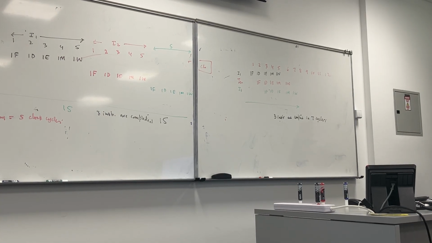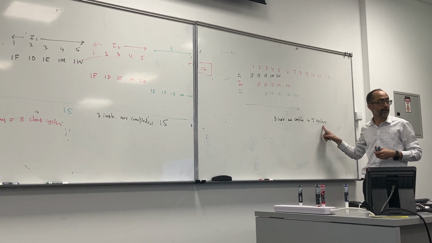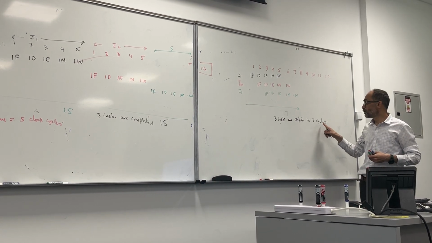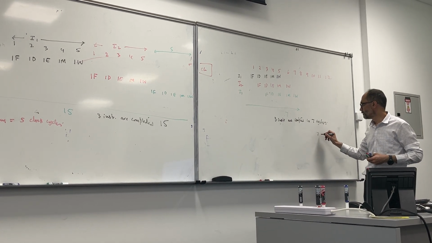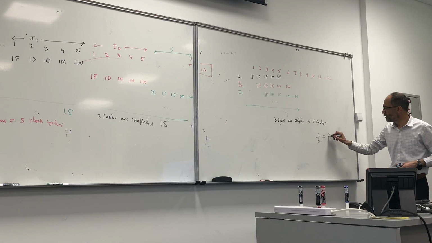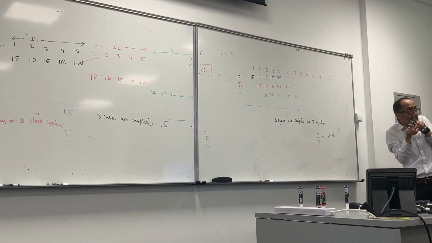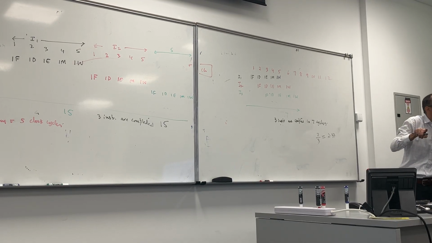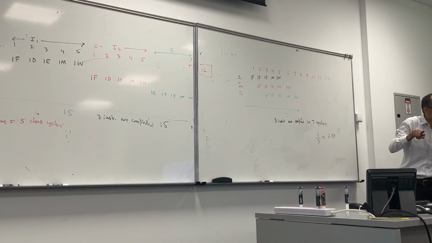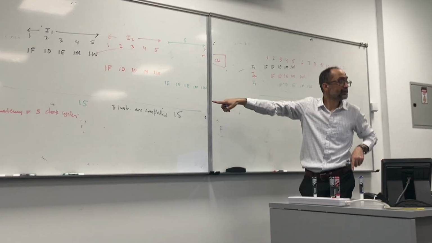So 3 instructions are completed in 7 clock cycles. What is now the throughput? 7 divided by 3, 2.33. So 2.33 instructions are completed per cycle. Clear? So here the throughput is more and here the throughput is less.